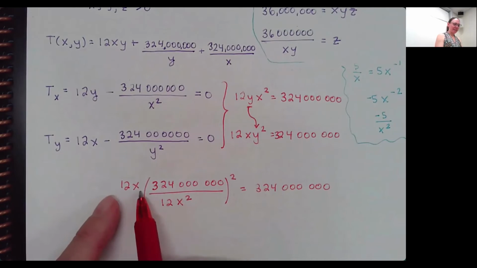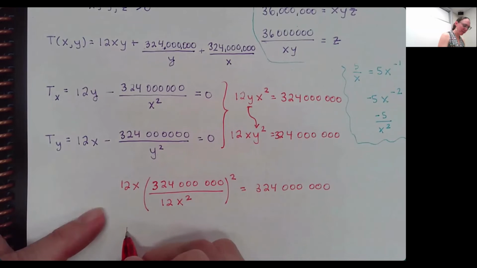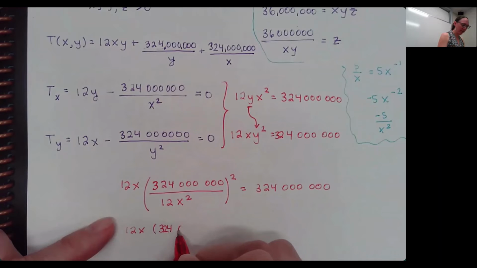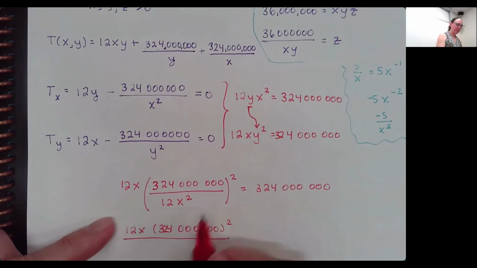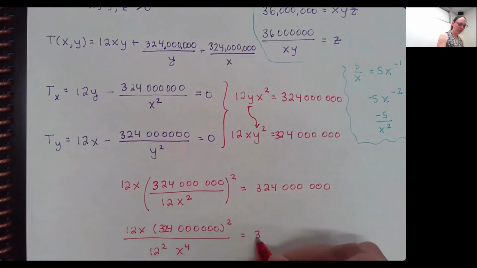This 12x, nothing is happening to. I'm just going to write this as 324 million squared. I'm going to write the bottom, the 12 needs to be squared, and the x squared needs to be squared. And then over here, I have 324 million.